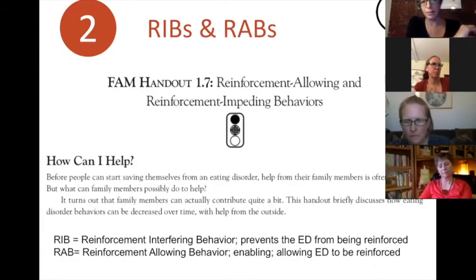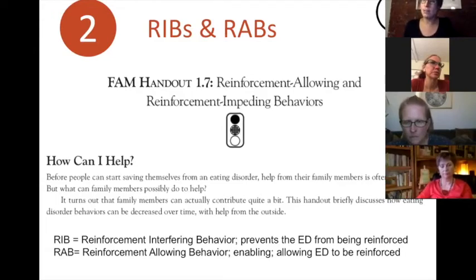Reinforcement allowing and impeding behaviors. Okay, so a RIB is a reinforcement interfering behavior. And what that means is that we are trying to interfere with the eating disorder getting kind of auto reinforced. So within the context of having an eating disorder, behaviors that are called compensatory, we call them intolerance behaviors, like purging, are going to reinforce the eating disorder.